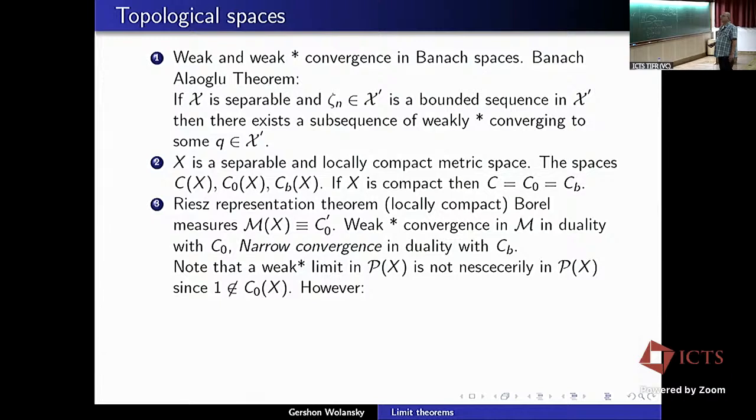The weak-star limit, well, P(X) is the set of probability measures. We're not really talking about probability, but it's convenient to call it this way because this is a normalized measure. It's non-negative and the integral is 1. So if we take a sequence of probability measures, the weak-star limit of the sequence is not necessarily a probability measure, because 1 is not in C0.